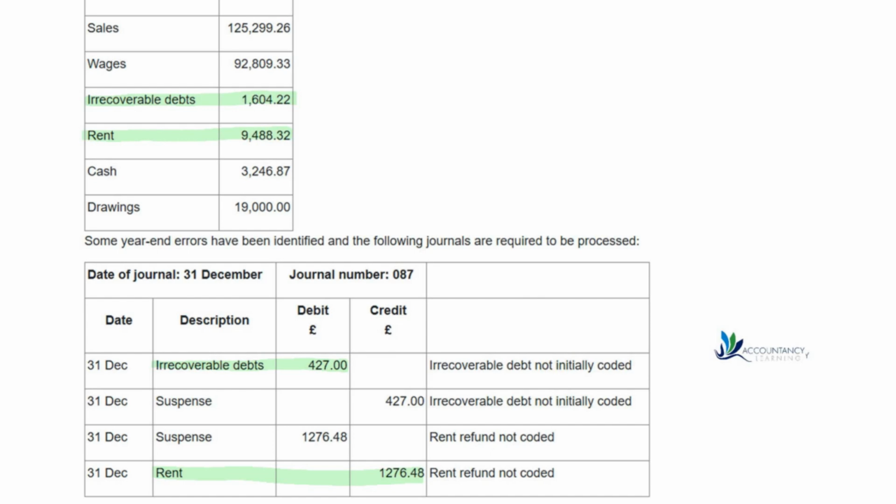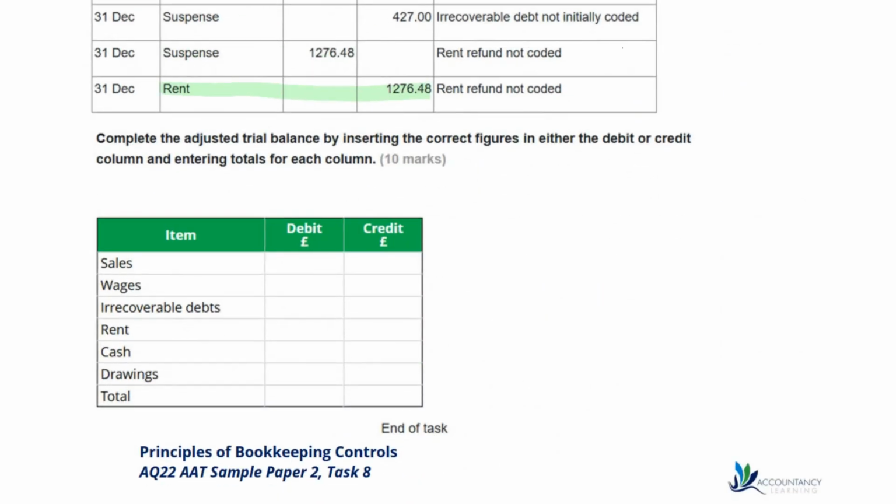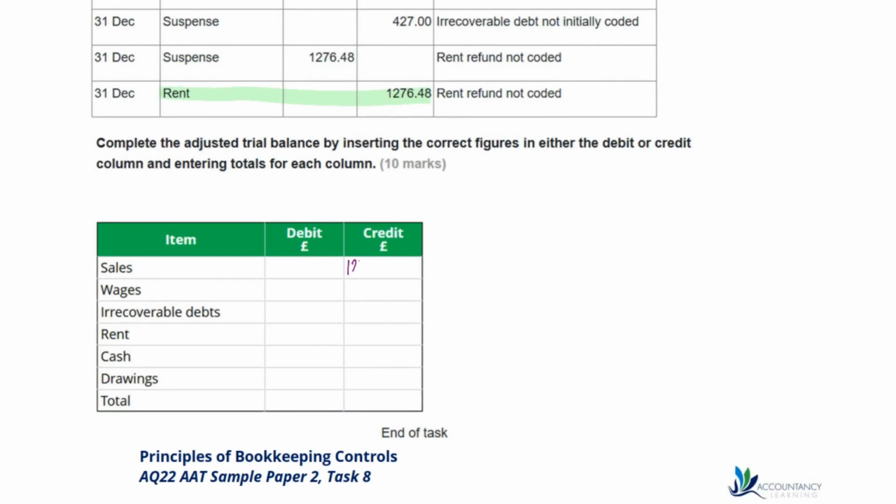So starting with the sales then, 125,299.26. Sales is a form of income. So we can put that straight on the credit side. And remember, you can draw out, and I would suggest you do draw out your debit-credit table, so you have this available to you as to what side the balances should be.